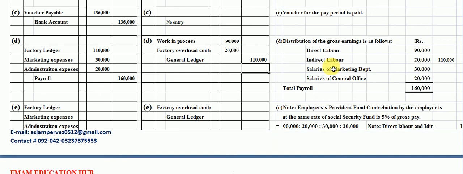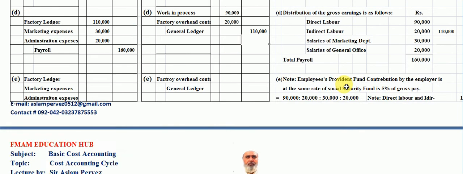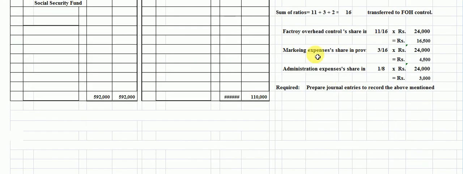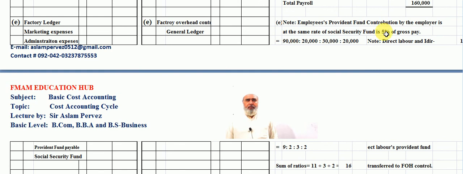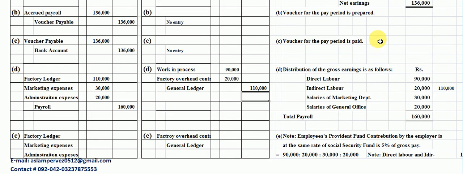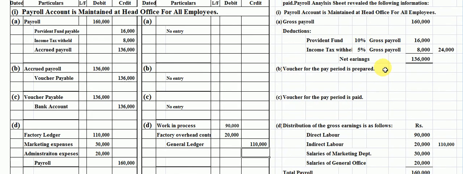Students, for this purpose, the contribution is 24,000 rupees here. Now we distribute this cost among the factory, marketing and admin.